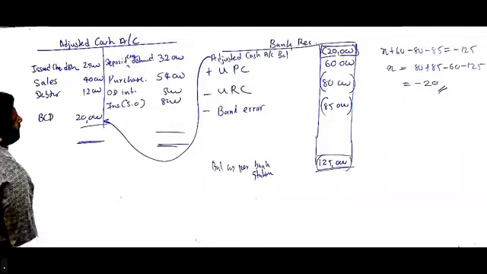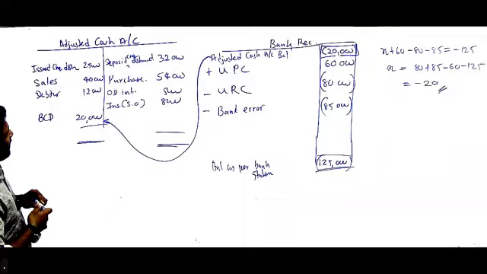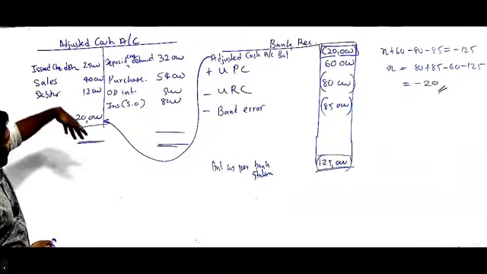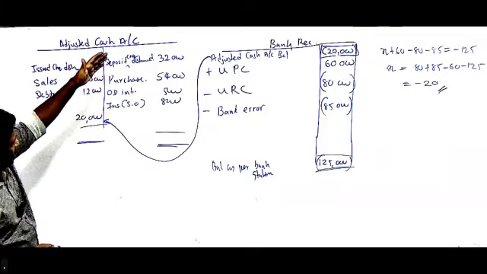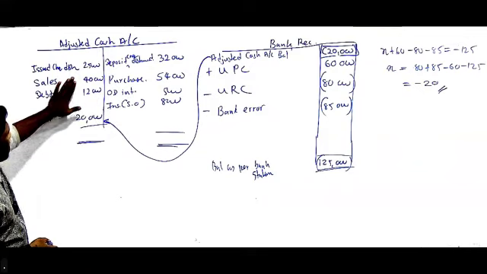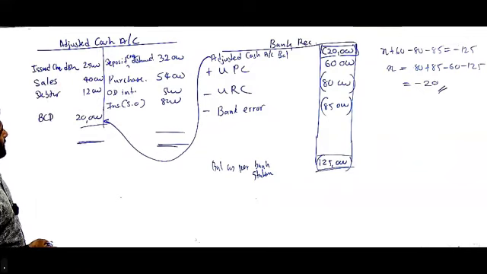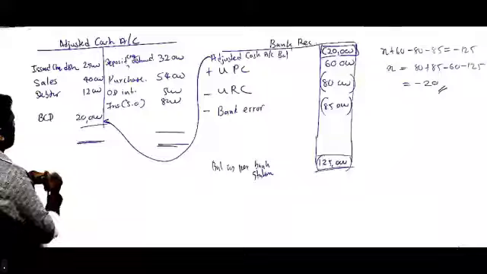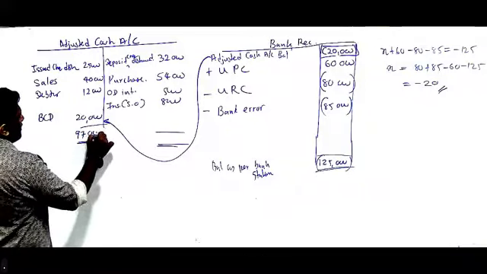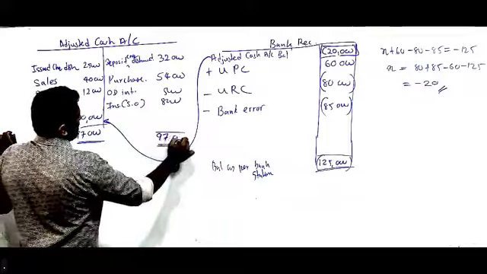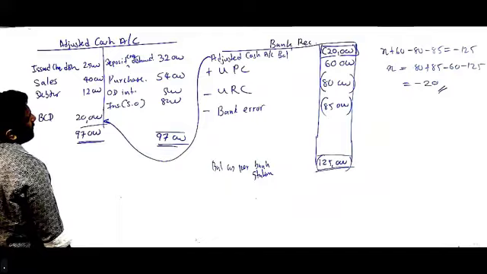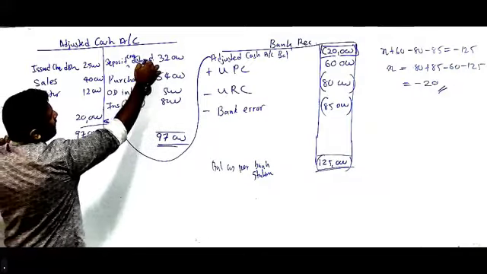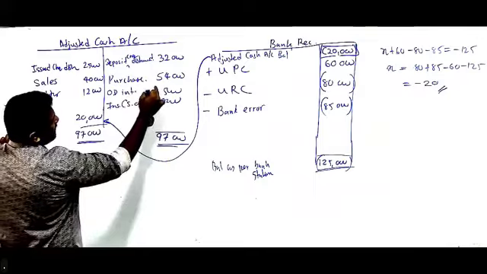Now balance it. Which side is bigger, the debit side or the credit side? I guess the debit side is bigger. 65,000, 85,000, 97,000. 86, 91.